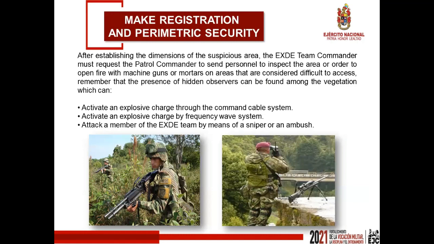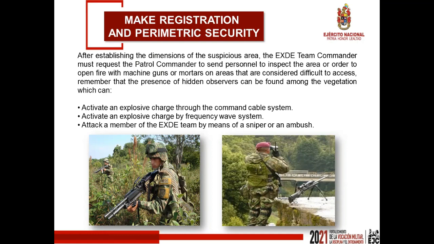Make registration and perimetrical security. After establishing the dimension of the suspicious area, the EXDE commander must request the patrol commander to send personnel to inspect the area, or order to open fire with the machine guns or mortars on areas that are considered too difficult to access.